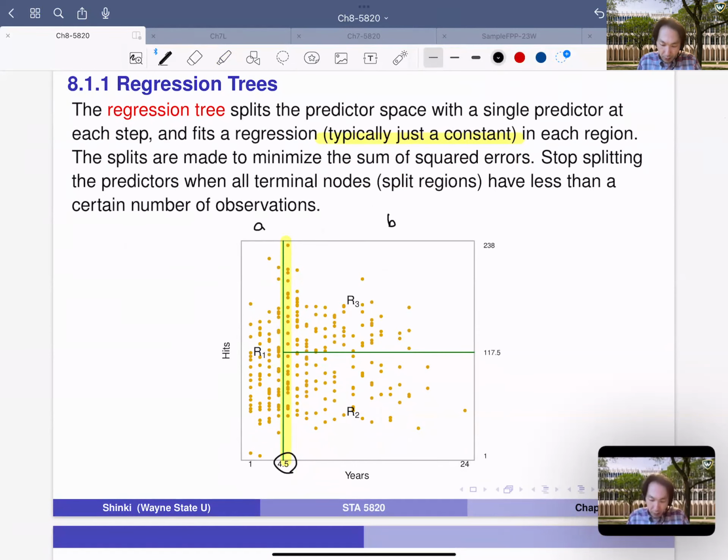Yeah, and then after that we split this again. So you can maybe split this right-hand region, maybe around here, or maybe the left-hand region around here, and we just split the region to minimize the sum of squared errors.